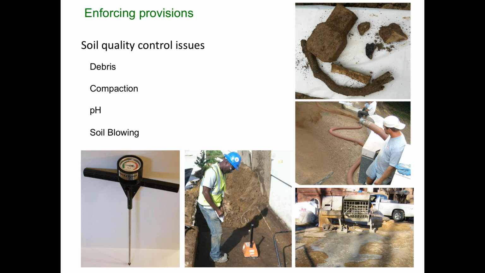There are soil quality provisions setting standards for ways of checking compaction, and the debris that's allowed. You might be surprised that a certain amount of debris is actually allowed, and the smaller pieces of debris that you see in this slide would all be allowed under these specifications.